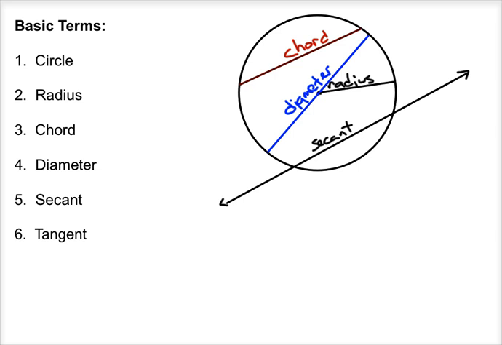A tangent is a line that intersects the circle in only one spot. So if I draw one similar to the secant, instead of hitting the circle in 2 spots, it hits the circle in only one place, and this would be described as a tangent. And the one spot right where it hits would be called the point of tangency.